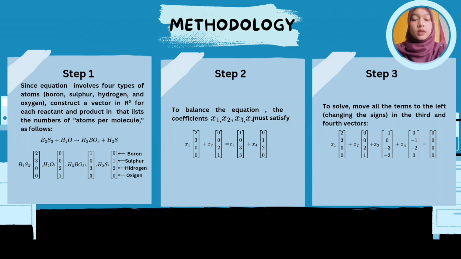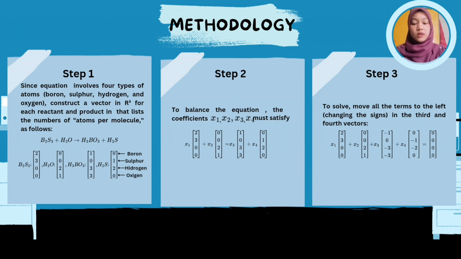For the boron sulfide, we have 2 boron, 3 sulfur, 0 hydrogen, and 0 oxygen. Water, we have 0 boron, 0 sulfur, 2 hydrogen, and 1 oxygen. For the boric acid, we have 1 boron, 0 sulfur, 3 hydrogen, and 3 oxygen.